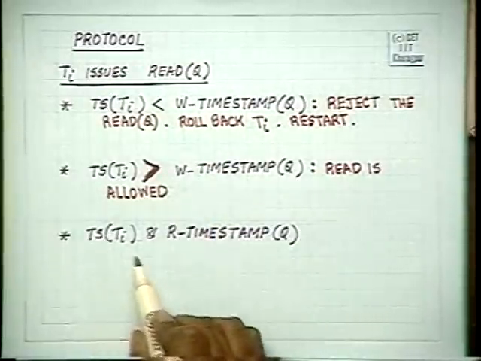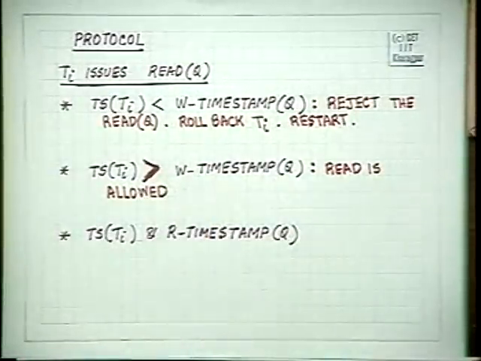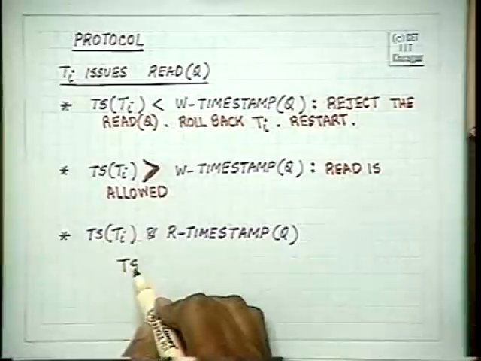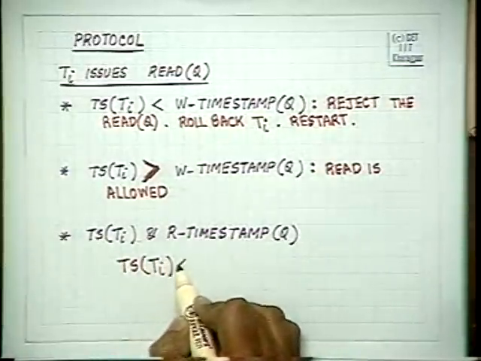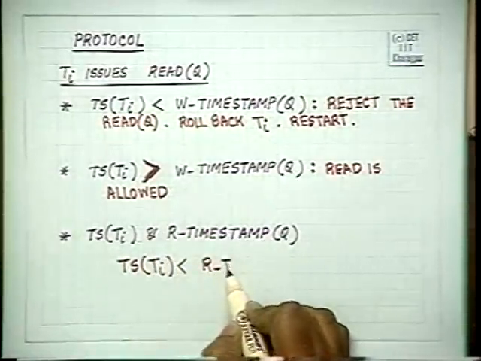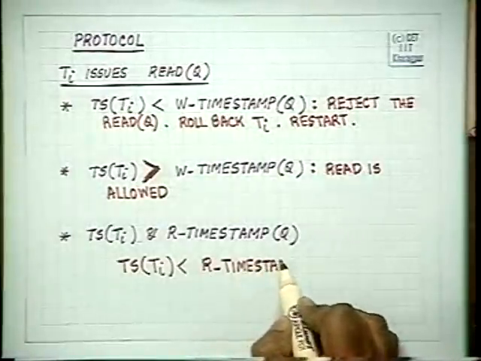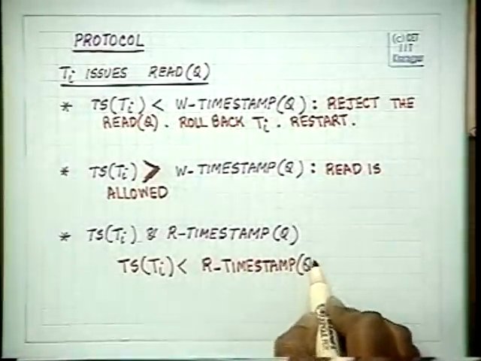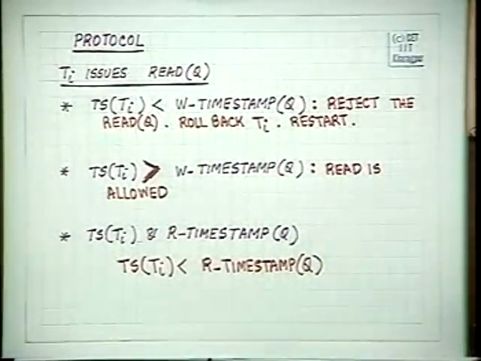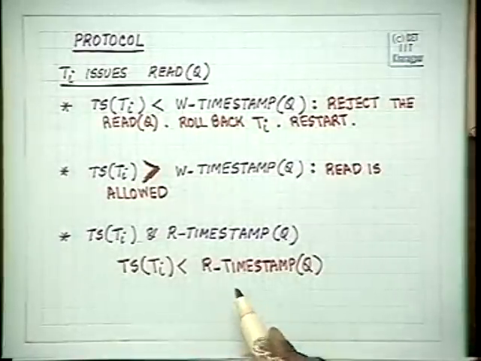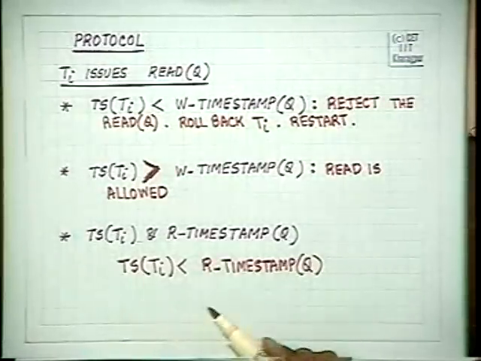What about the case of TS(Ti) and R-timestamp(Q)? Suppose TS(Ti) is less than R-timestamp(Q). It does not matter because both are reading. This has read and this has read. So there is no problem.